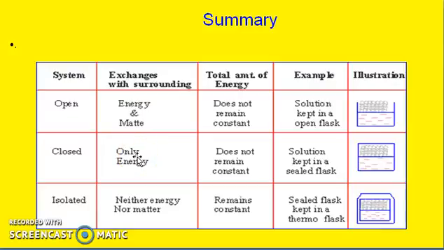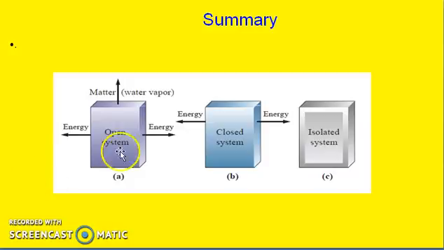In the second stage, we drew a correlation between open system, closed system, and isolated system and the interactions, thereby deciding which is an open system, which is a closed system, and which is an isolated system. An open system is one wherein both energy and mass cross the boundary of the system. Only energy crosses the boundary in a closed system. And in an isolated system, neither the energy, nor the work, nor the mass crosses the boundary.